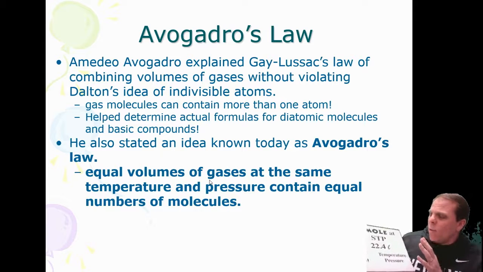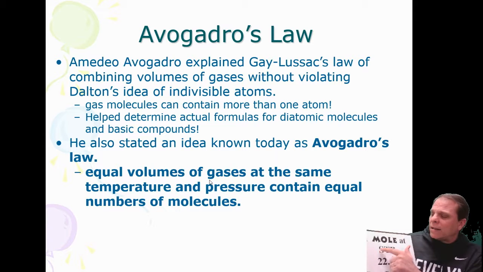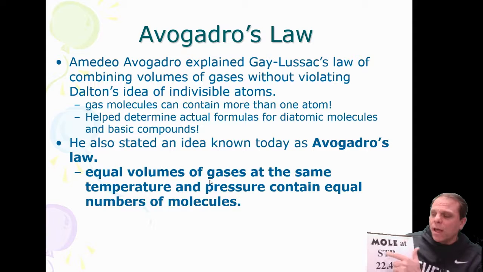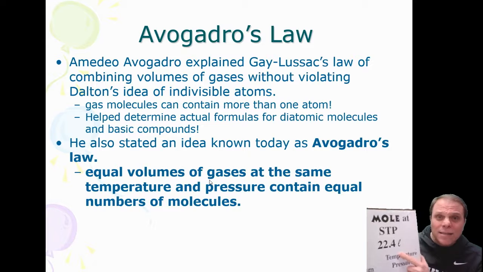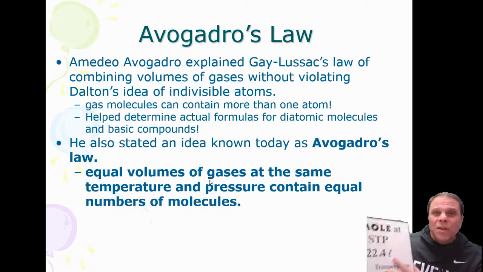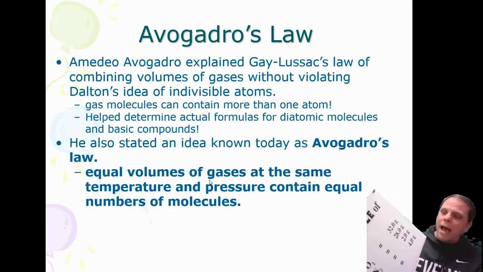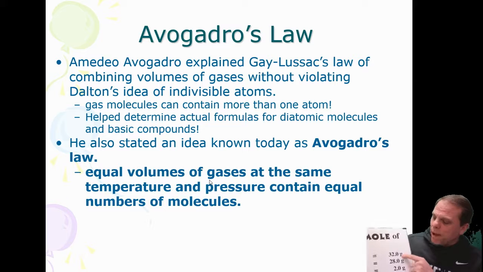So what Avogadro figured out was that at standard temperature and pressure, if you have a mole of gas, it's going to fill up 22.4 liters, okay? That is what we call the standard molar volume. No matter what gas, whether it's oxygen, which might be heavier than helium, right, or hydrogen, it doesn't matter.